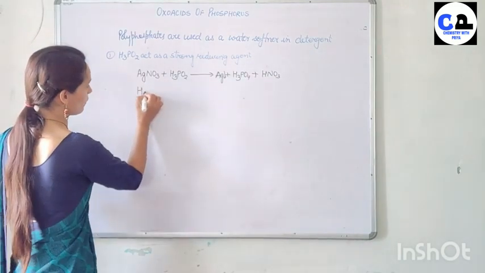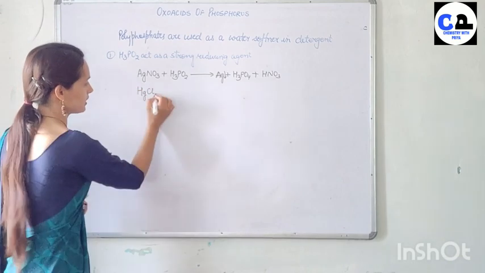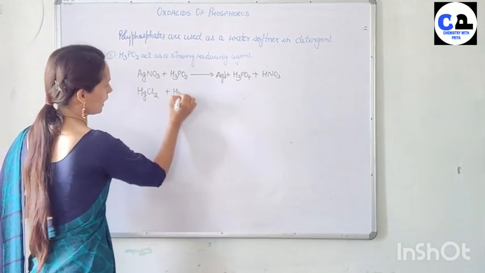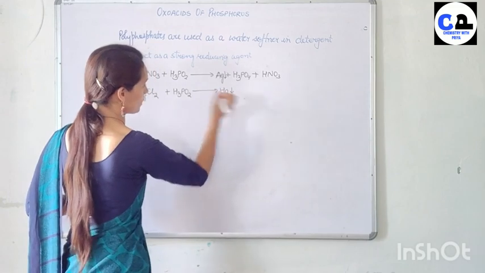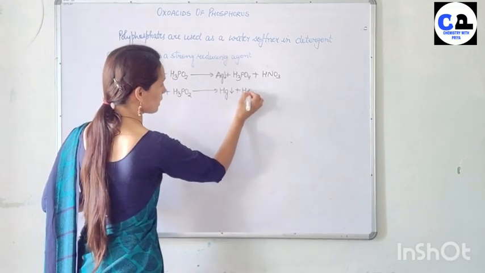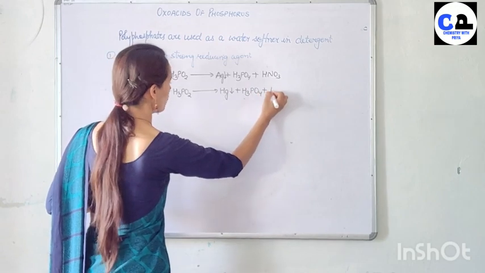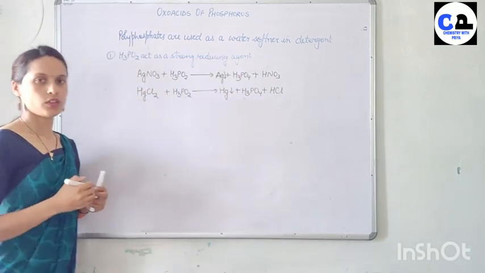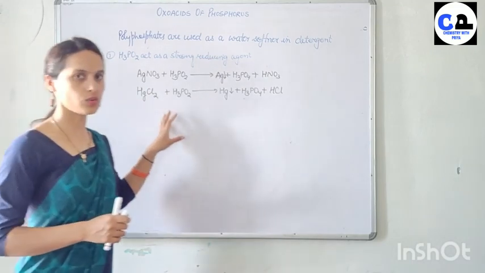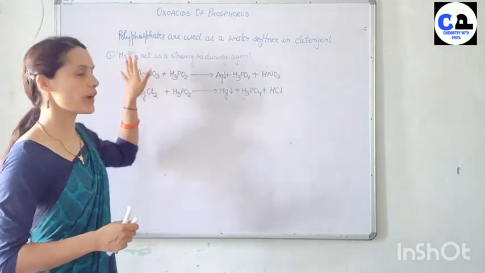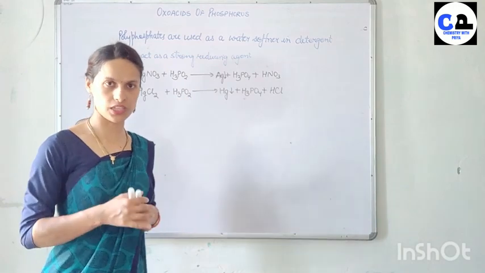Similarly, suppose I have HgCl2 plus H3PO2, then it reduces HgCl2 to Hg, and itself is oxidized to H3PO4 plus HCl. So these are the reactions through which we get to know that H3PO2 acts as a strong reducing agent.